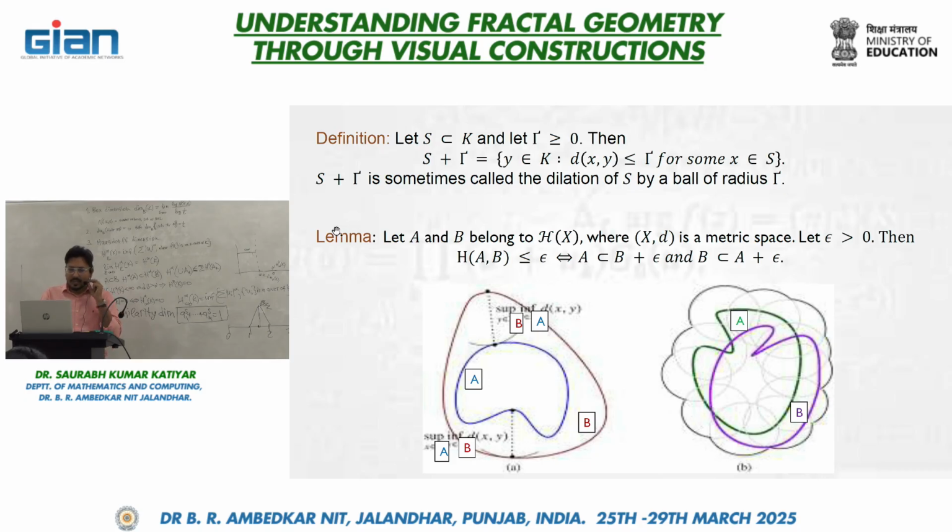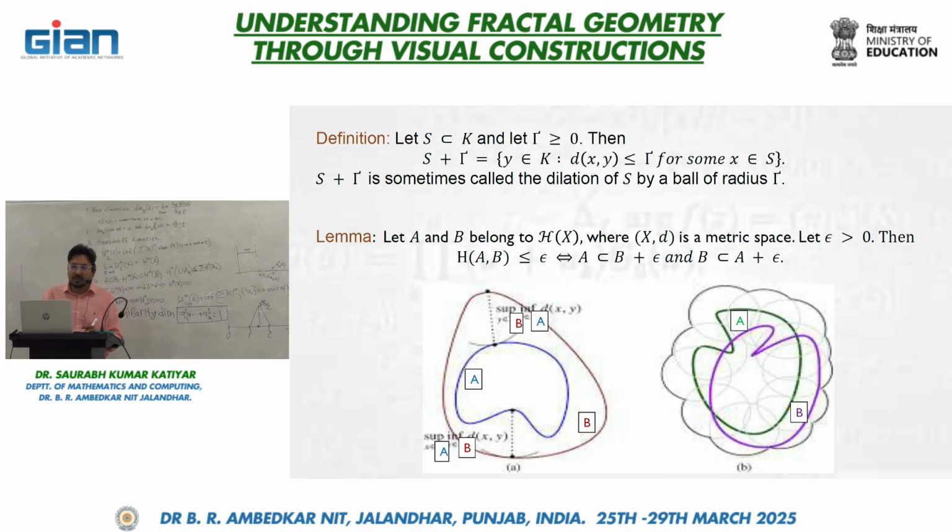So now you see lemma 1. Let A and B belong to H of X, and H of X is your Hausdorff space where (X, d) is a metric space. Let epsilon be greater than 0, then H of AB, your Hausdorff metric, will be less than or equal to epsilon if and only if A is a subset of B plus epsilon and B is a subset of A plus epsilon.